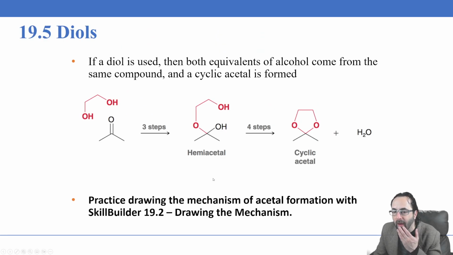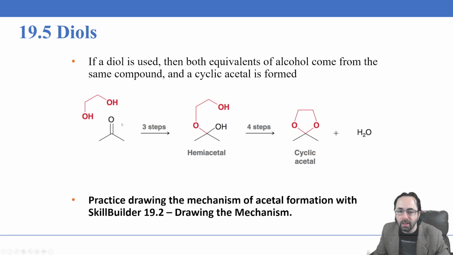Now, if we use a diol, the diol is basically 2 alcohols in 1. So both alcohols can react to produce a cyclic hemiacetal. And this reaction is extremely important, because this is going to be the way that carbohydrates make their cyclic form, which is their primary form.